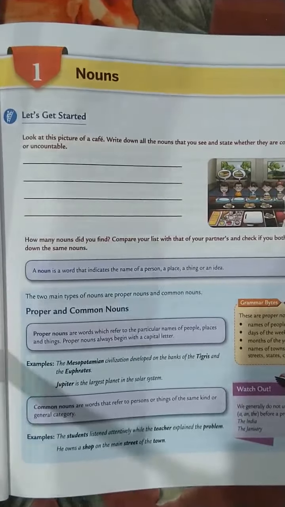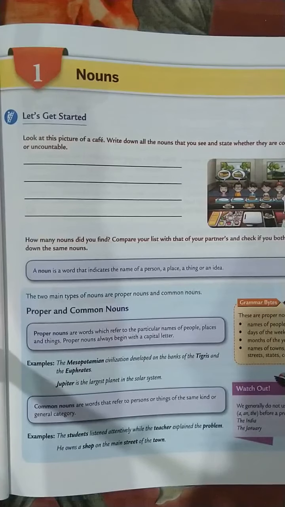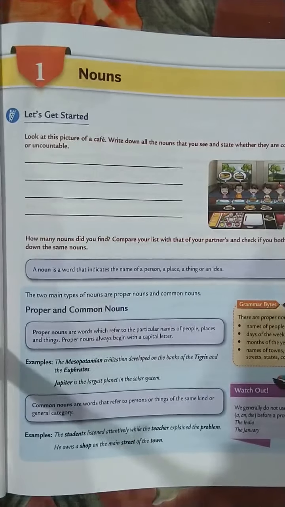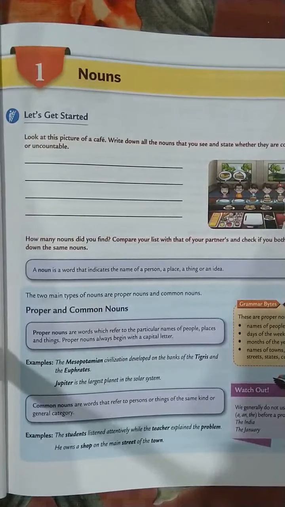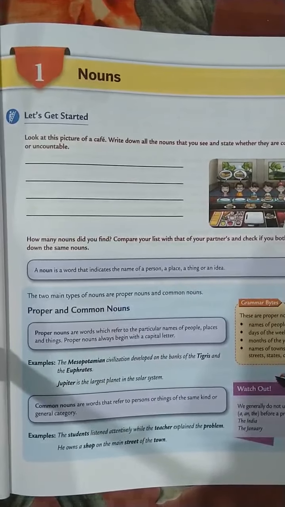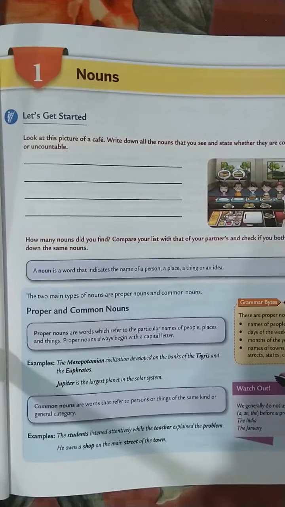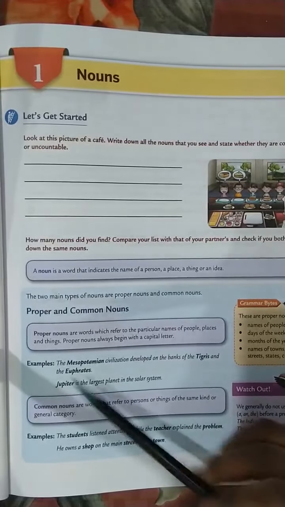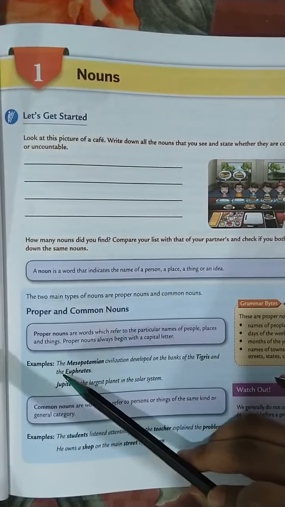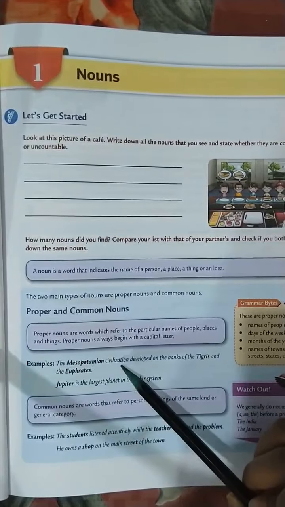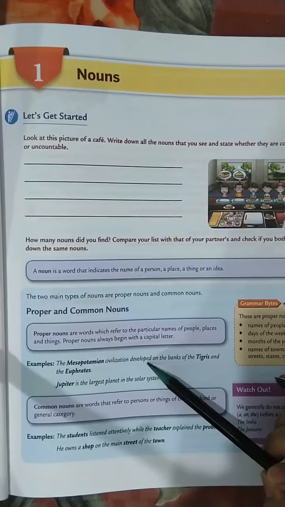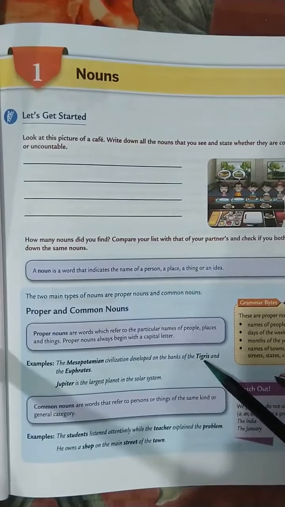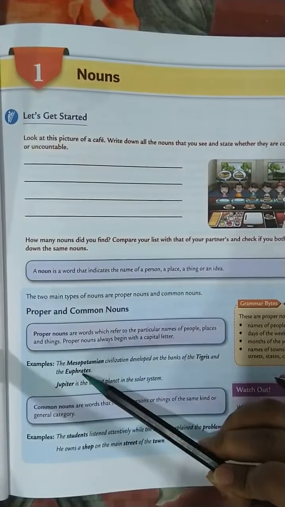My dear students, for example, any city name. For example, Neha is a name, a place, Europe. Now here is an example you can see. The Mesopotamian civilization developed on the bank of the Tigris and Euphrates.